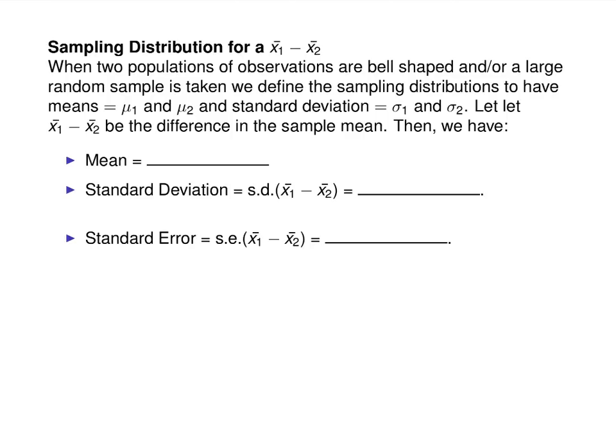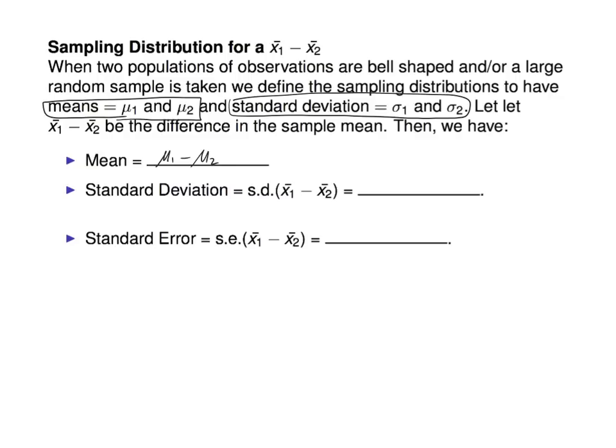So once we have those conditions met, if our means for x1 and x2 are mu1 and mu2, and if we have standard deviations sigma1 and sigma2, we let x1 bar minus x2 bar be the difference in sample means, then the mean of our distribution is mu1 minus mu2.